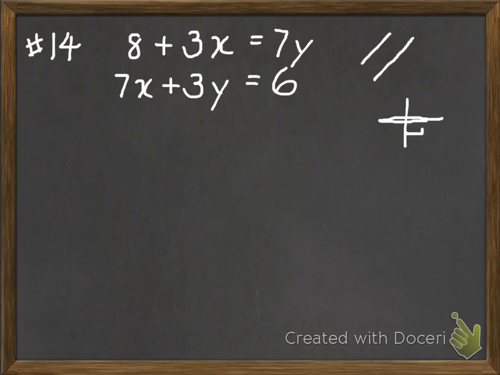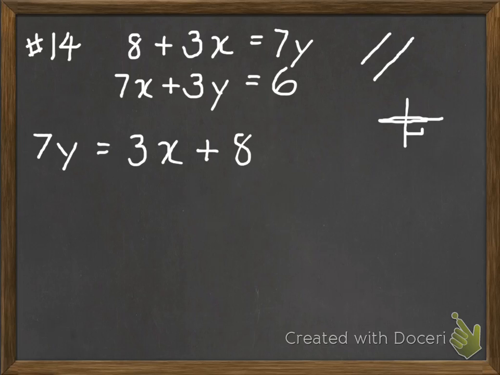To find the slope of the lines, remember we have to put the lines in slope-intercept form. That means we need to get y by itself. So for the first equation, I'm going to flip it around so that the y is on the left side. And, matter of fact, I'm going to put the x term here first, so it starts to look more like slope-intercept form, y equals mx plus b. Now to get it in that form, all we need to do is get rid of this 7.